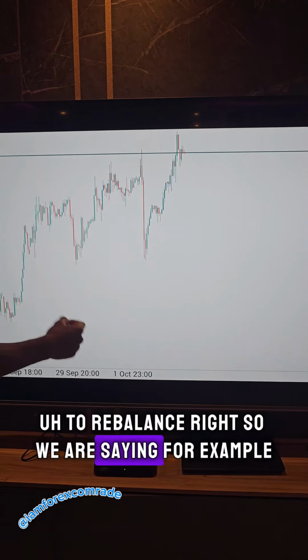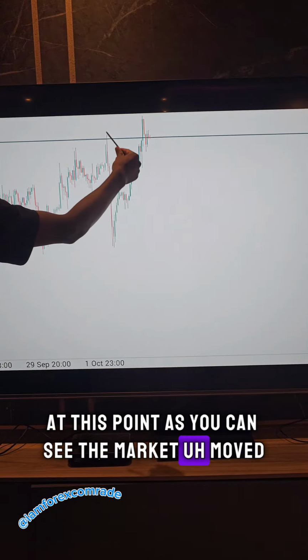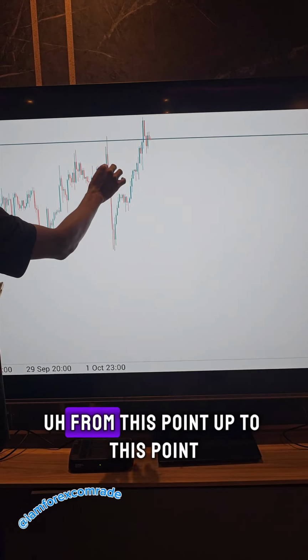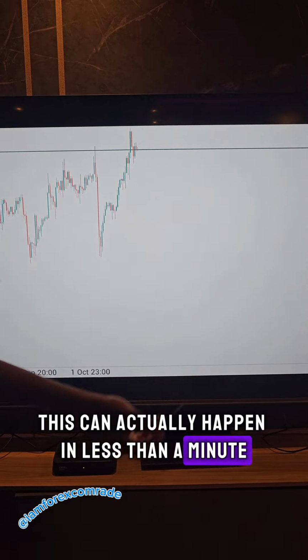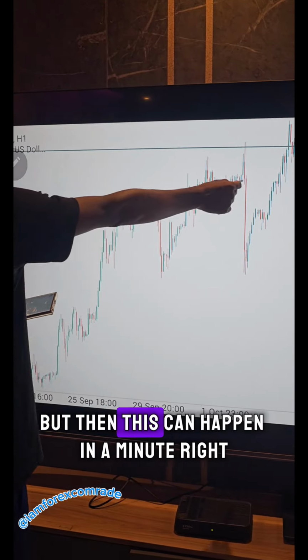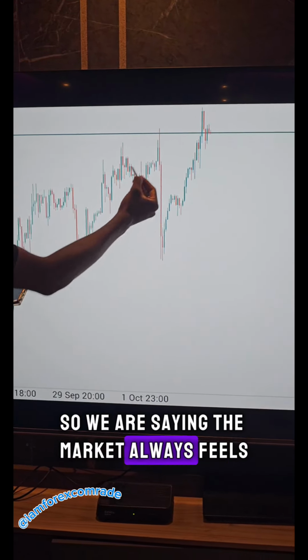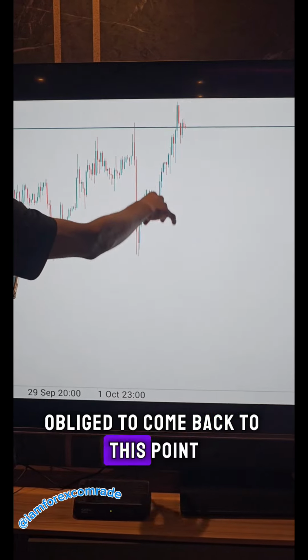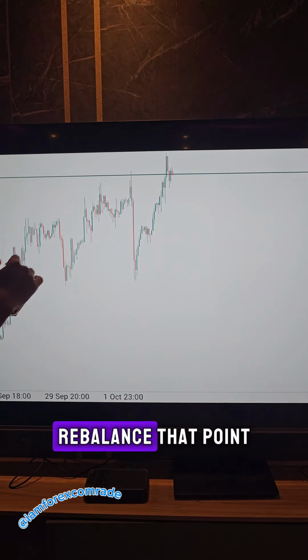So we are saying, for example, at this point, as you can see, the market moved from this point up to this point. This can actually happen in less than a minute. Of course, we are in the 1 hour time frame, but this can happen in a minute, right? So the market always feels obliged to come back to this point to retest so that it can rebalance that point.